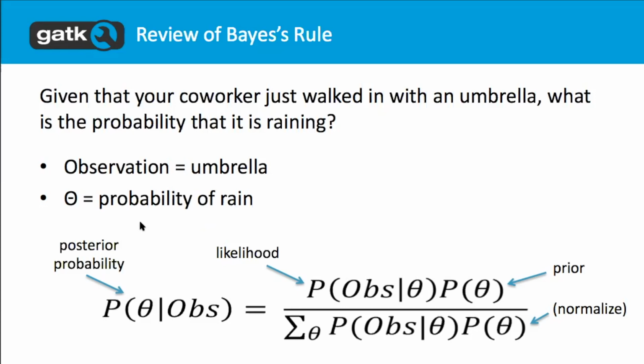However, if you're living in Los Angeles, California, where it doesn't rain very often at all, then it's likely your prior is much lower. And the result, if you take that into account, is that you won't believe as much the idea that it's raining, the hypothesis that it's raining. So that's basically how it works.